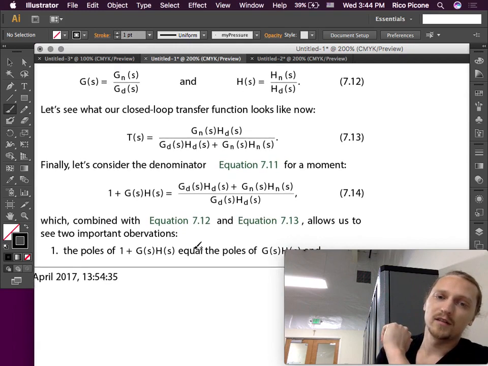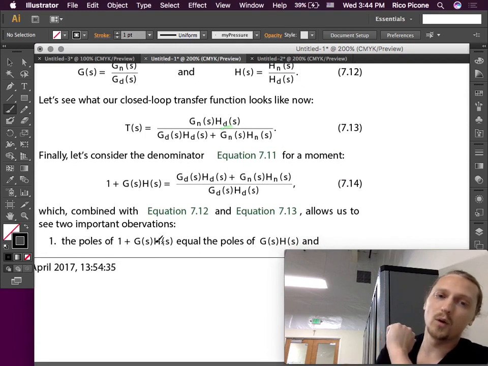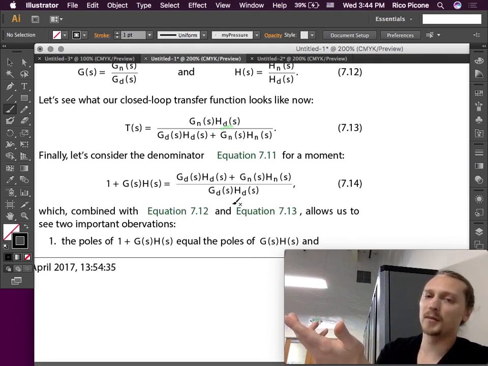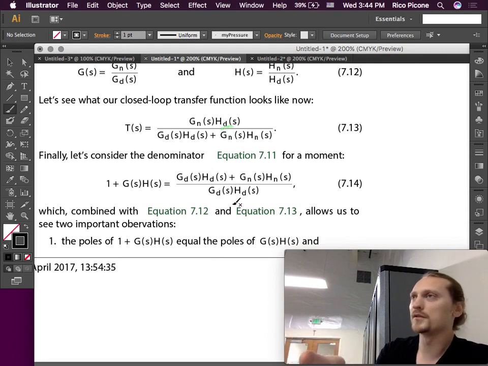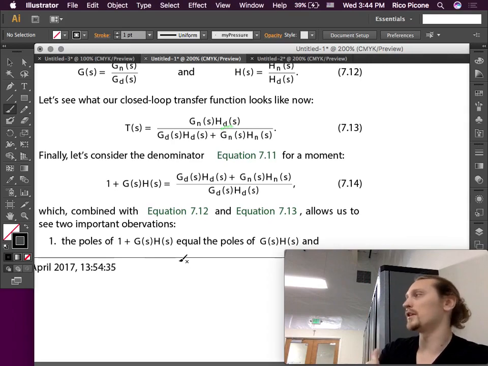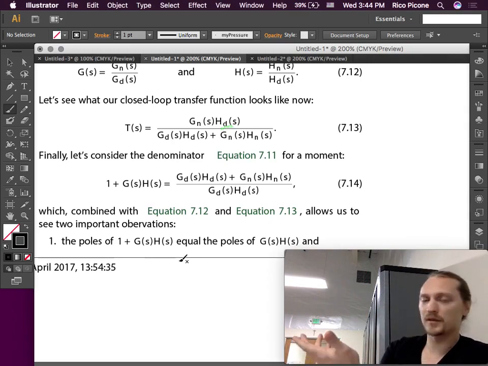So, first of all, the poles of 1 plus GH, which come from this, right? The denominator of 1 plus GH, equal the poles of GH, because the denominator of GH is where the poles of GH come from. So the poles of 1 plus GH equal the poles of GH. That's the first observation.